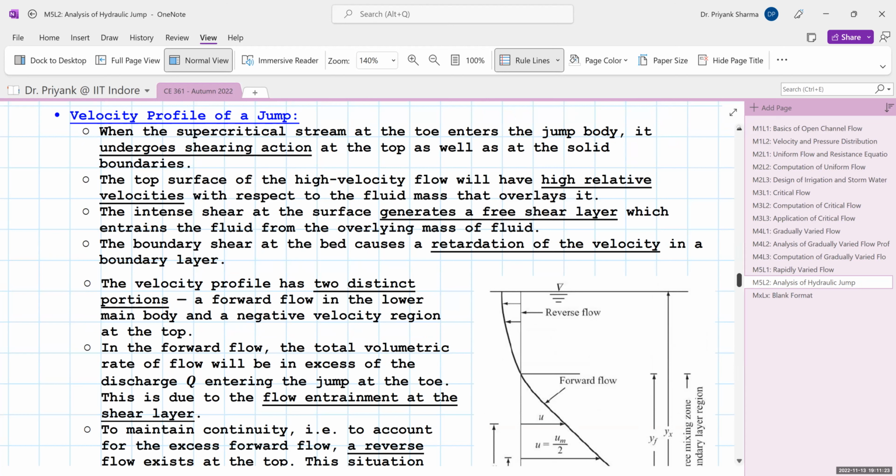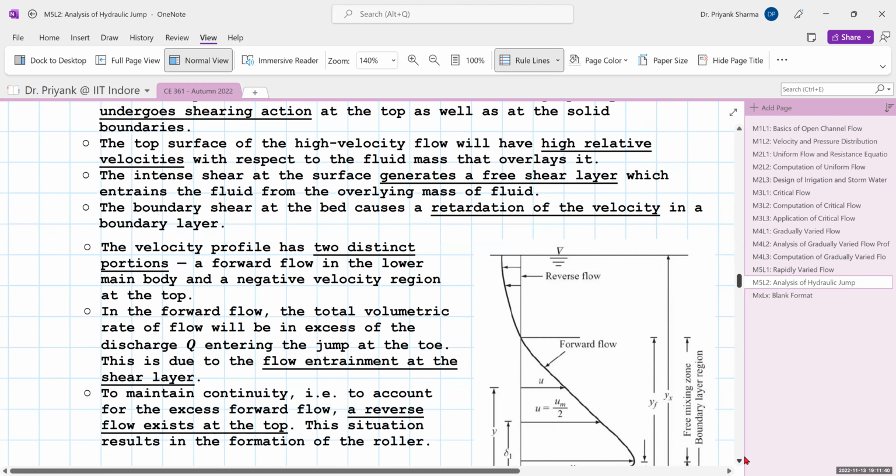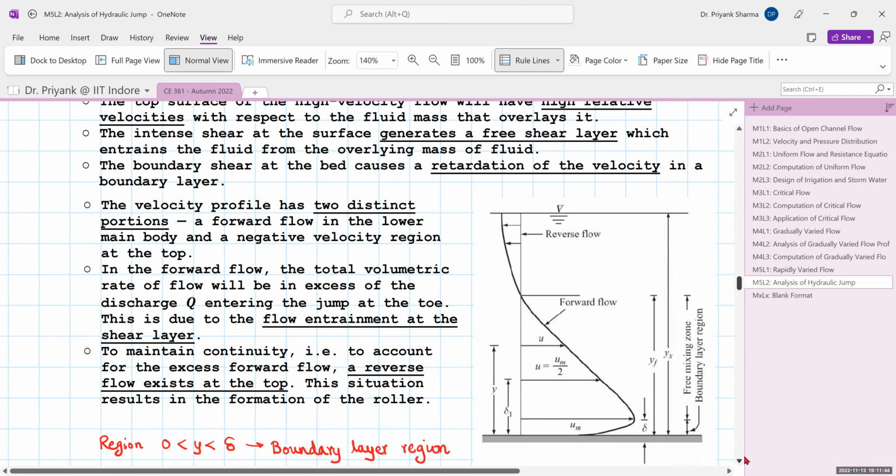In the forward flow, there is the discharge in the jump, which is due to the flow entrainment in the shear layer. Now, to maintain continuity, to account for the excess flow in the forward flow, a reverse flow exists at the top, and this situation results in the formation of rollers.